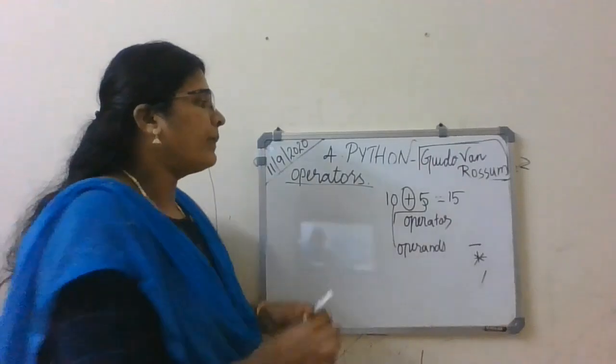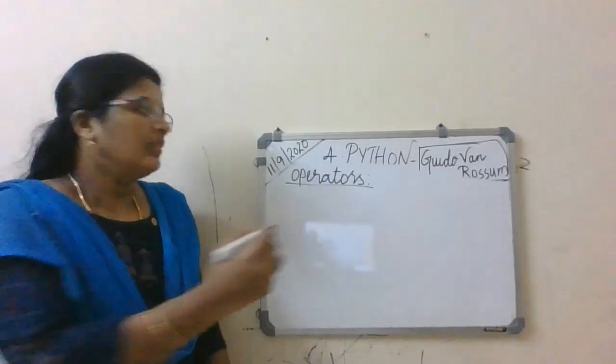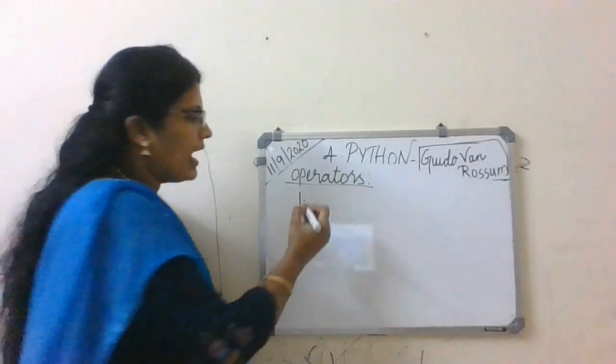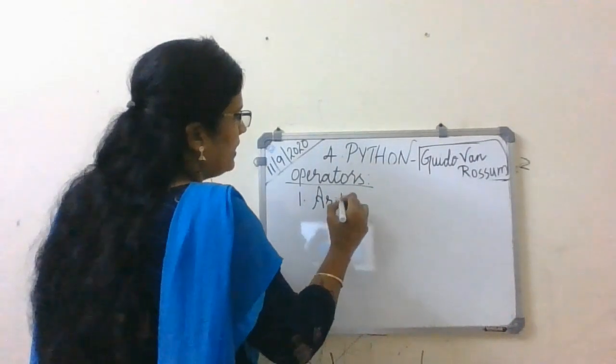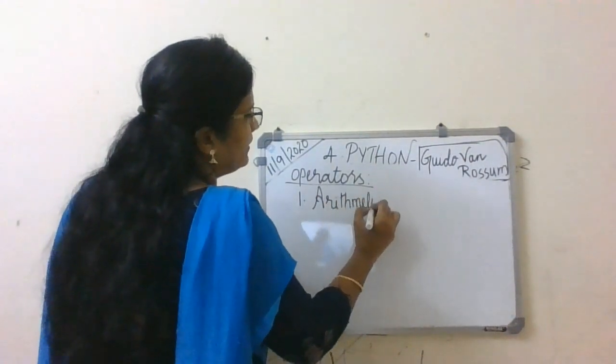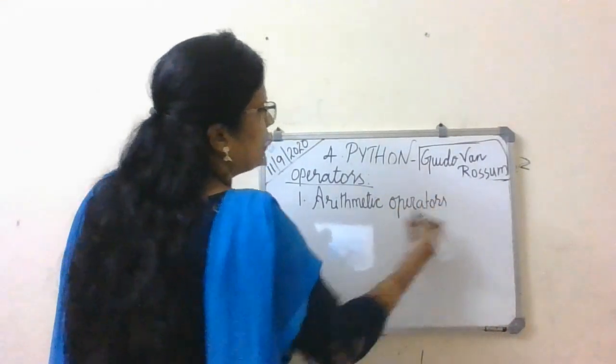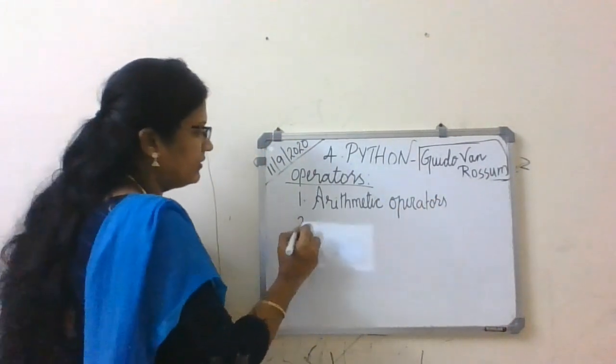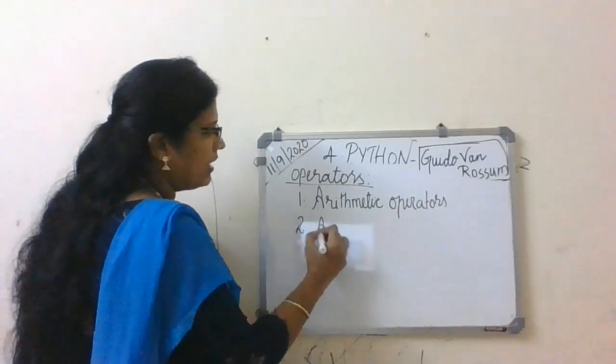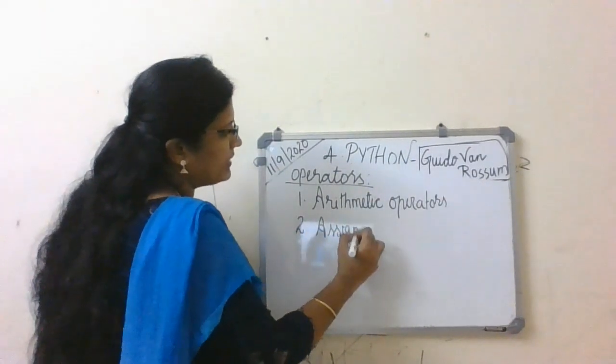The operators are of different types. The first type is arithmetic operators. The second one, assignment operators.